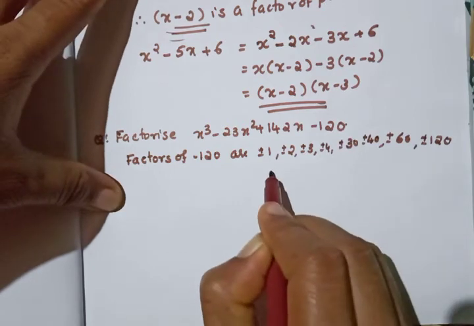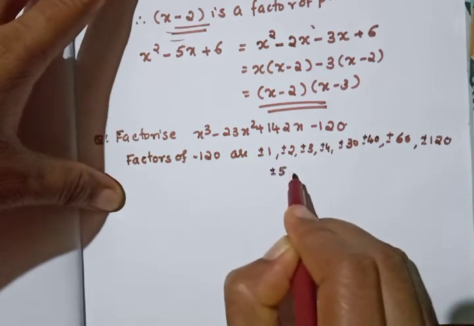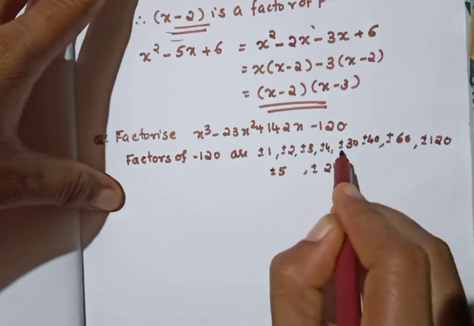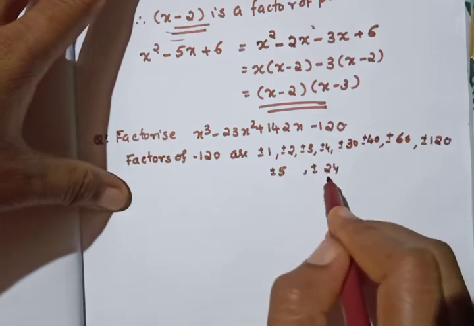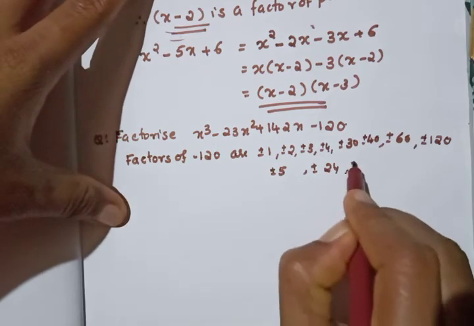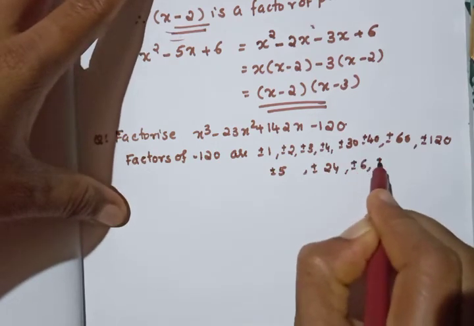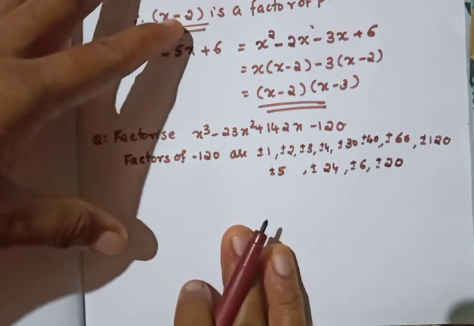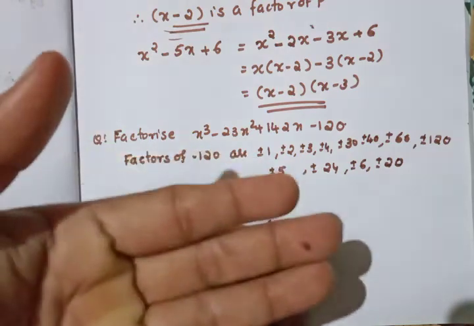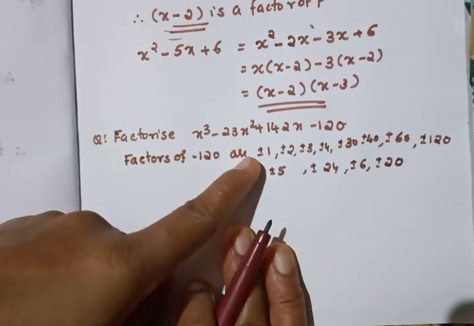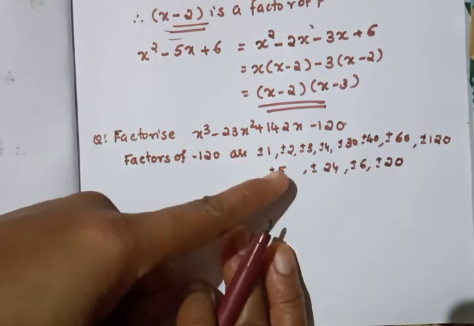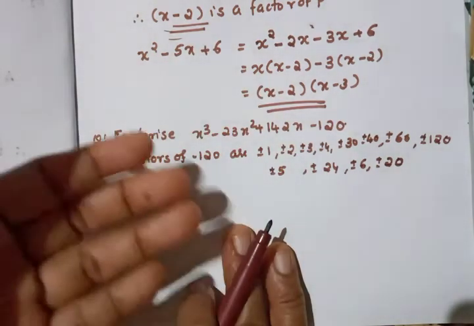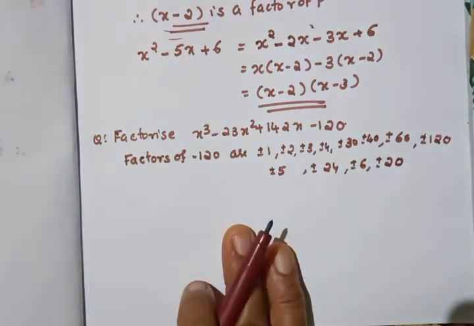Finished? No. Plus or minus 5 into plus or minus 24. Actually you have to write there, I don't have the space, that is why I am writing here. Then plus or minus 6 into plus or minus 20. Correct? Okay, it goes on. We don't want the larger terms, we may use maximum plus or minus 1 or plus or minus 2 if you are not getting plus or minus 3. Anyway, we can write all the factors of 120.